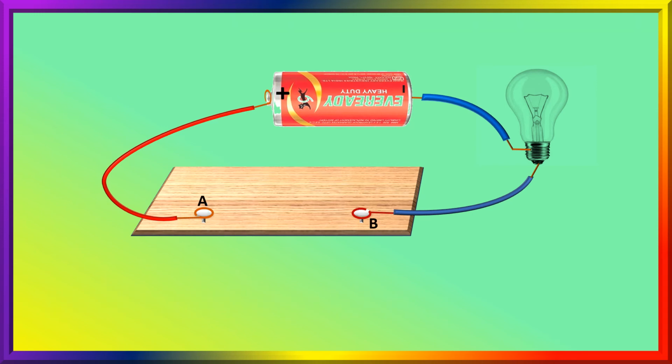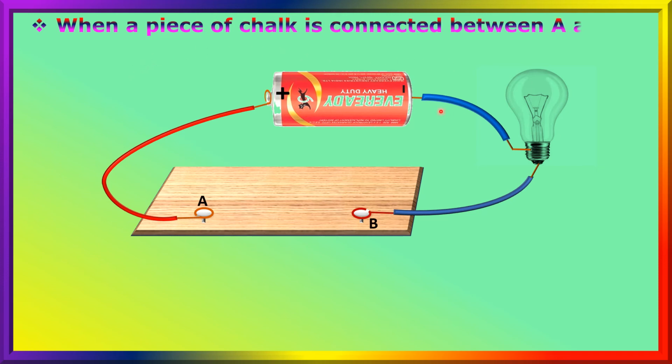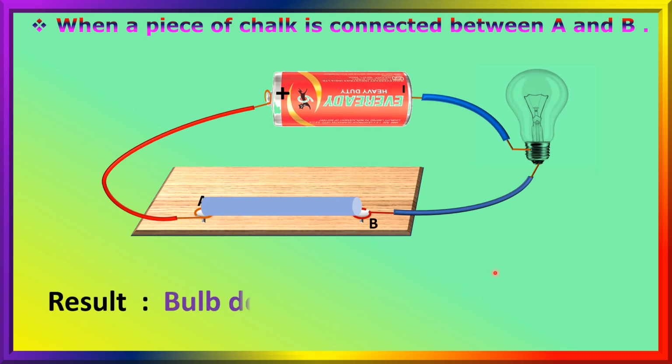Okay. When a piece of chalk is connected between A and B, the bulb is not glowing in this situation also. That means a piece of chalk is also an insulator. The bulb does not glow.